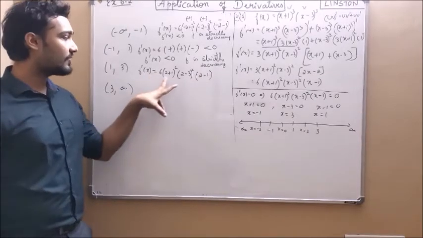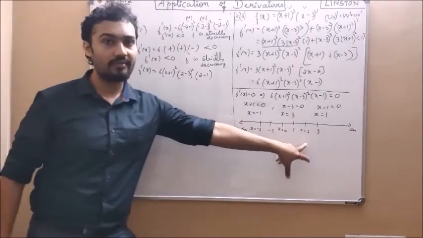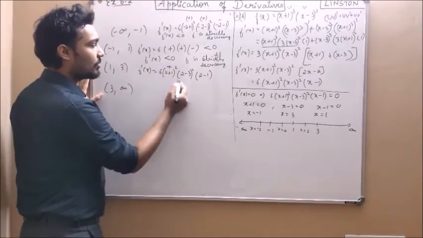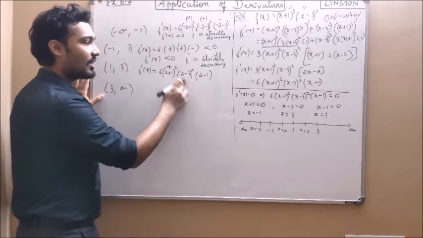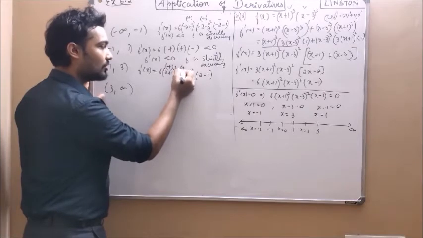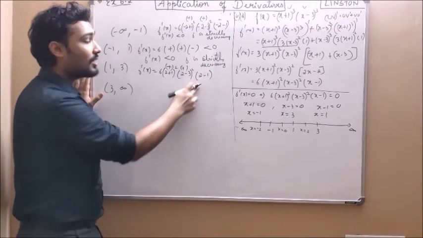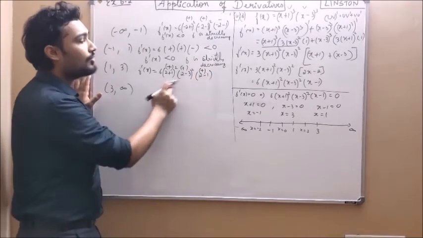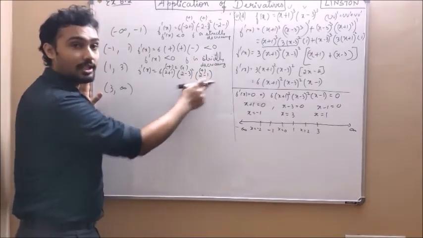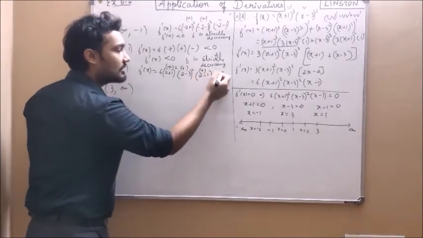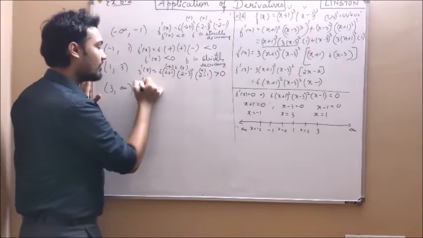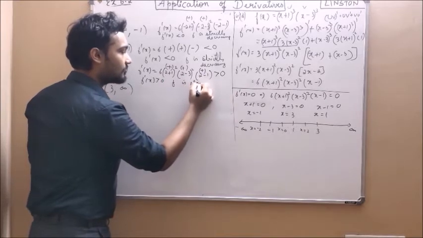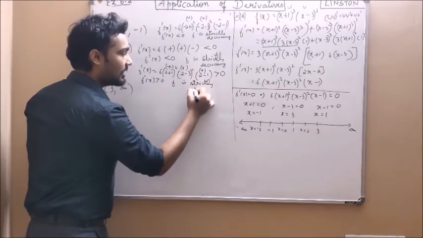Substituting x equal to 2, the first factor is positive because it is a square, 2 minus 3 is minus 1 and its square is also positive, and 2 minus 1 is 1, which is also positive. So positive into positive into positive is greater than 0. So f dash of x is greater than 0, and f is strictly increasing.